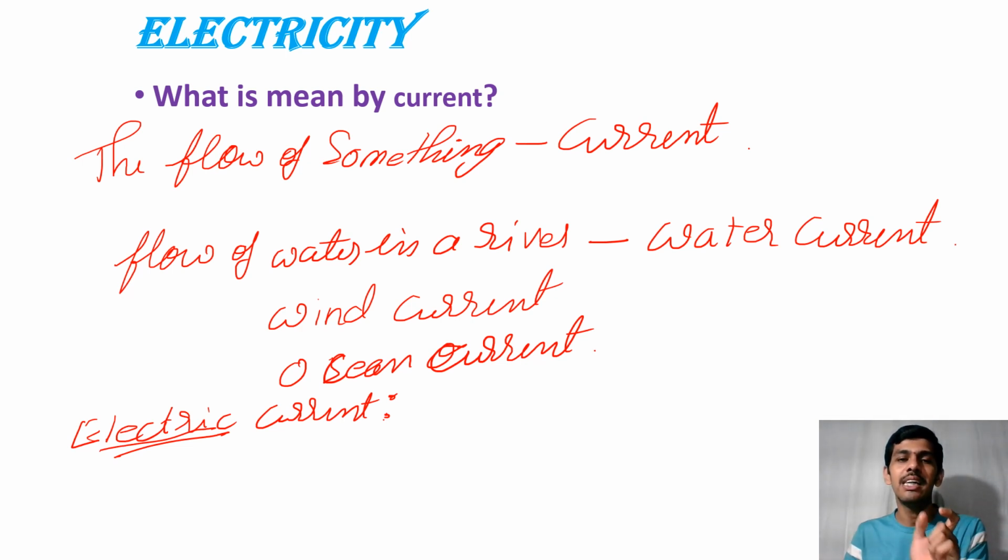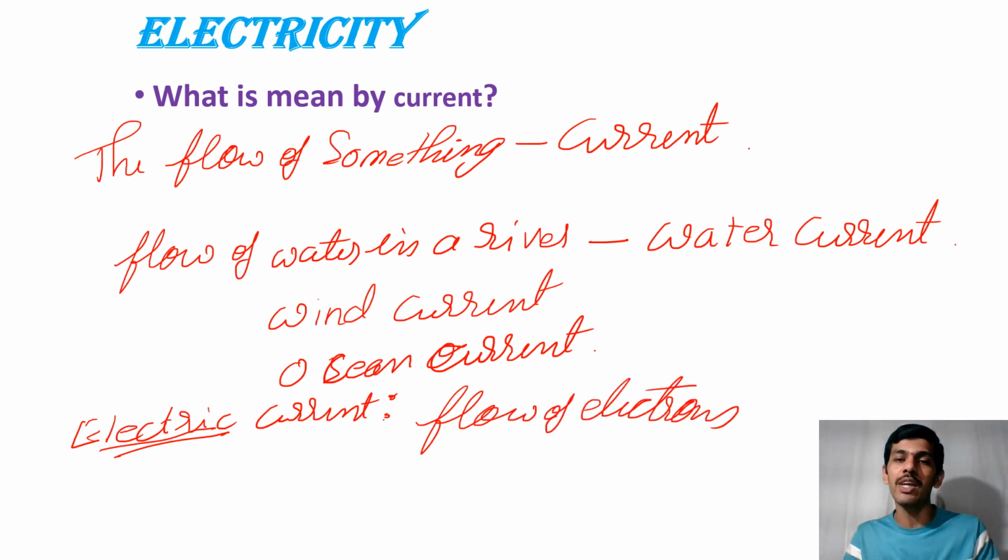What is electric? It is the flow of electrons in specific, or in general. We already know that electrons, protons and neutrons are the charge carriers. We call them charges.